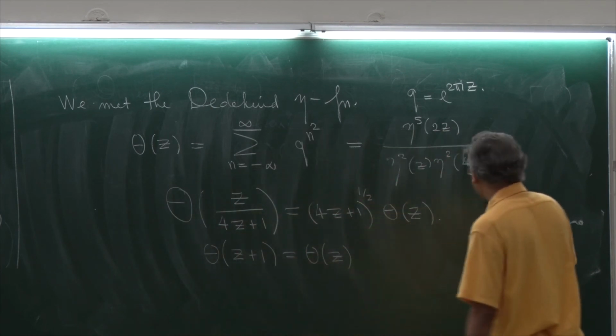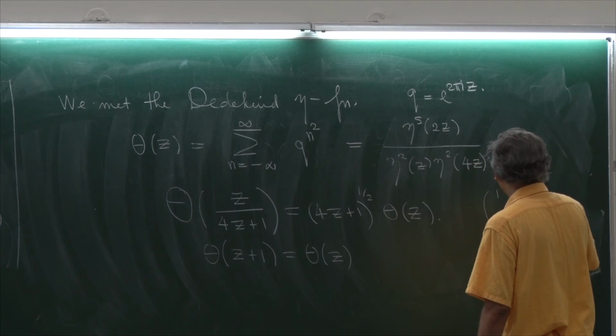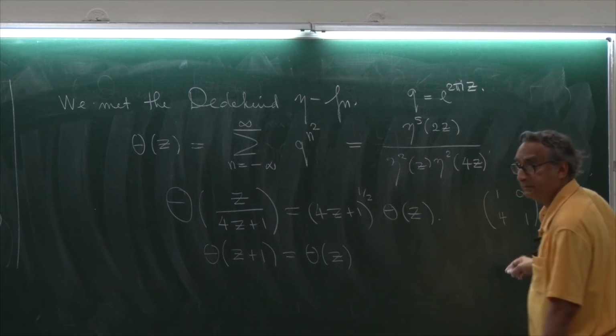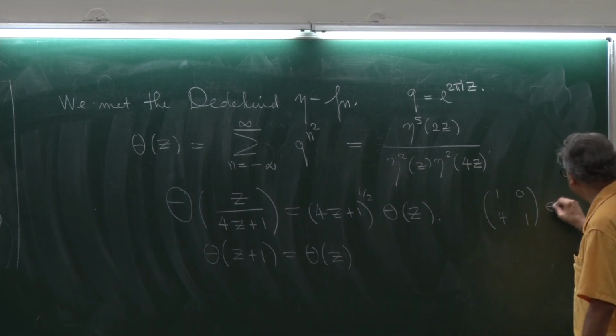Now this corresponds to the matrix (1, 0; 4, 1), which is an element in gamma naught 4.